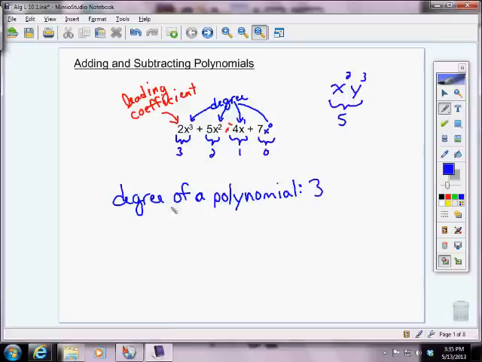Now standard form. This right here is written in standard form.